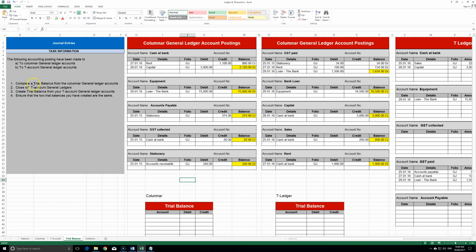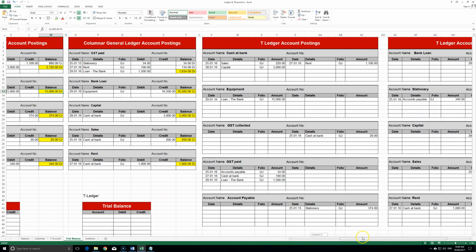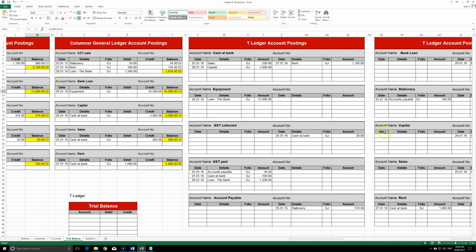This particular task gives some good steps. It says complete a trial balance from both the columnar and the T-format ledgers. In order to do that though, fortunately the columnar ledgers we have been given balances, but for the T-ledger accounts we have not been given the balances.